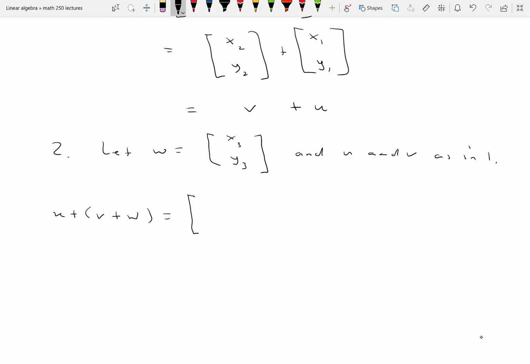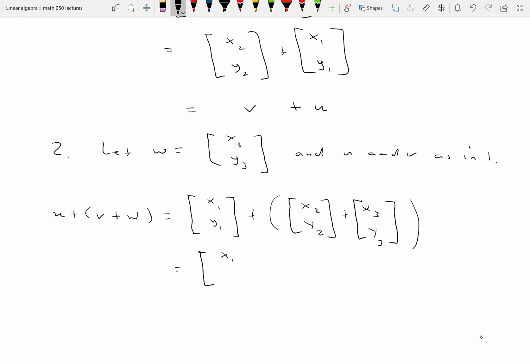That is x1, y1 plus, in parentheses, x2, y2 plus x3, y3. Okay, there's u plus v plus w. Keep going. This is x1, y1 plus, in parentheses, the sum of those two column vectors, whose entries are x2 plus x3 plus 1. That's how you add column vectors. Why? Because we said so. That's it. There's no other reason.